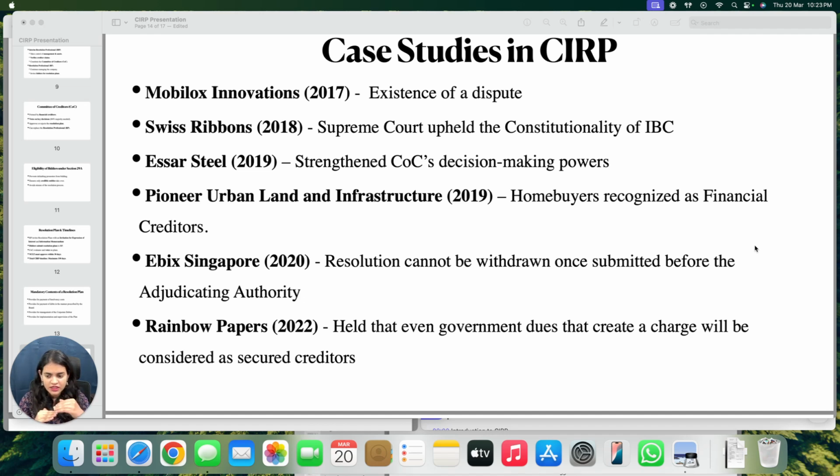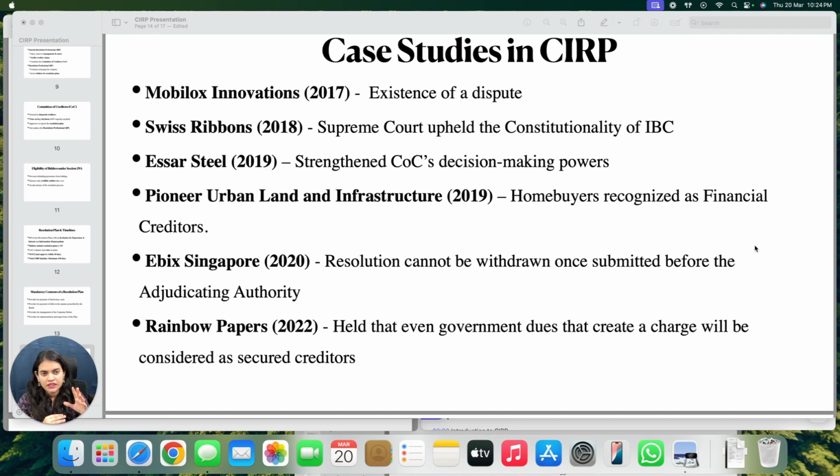So for their interest, and expecting that they would take a commercial decision in their wisdom, in the interest of other stakeholders as well, the Supreme Court has held that they have the utmost and the final say in deciding upon the resolution plans and such breakdown in the resolution plans.